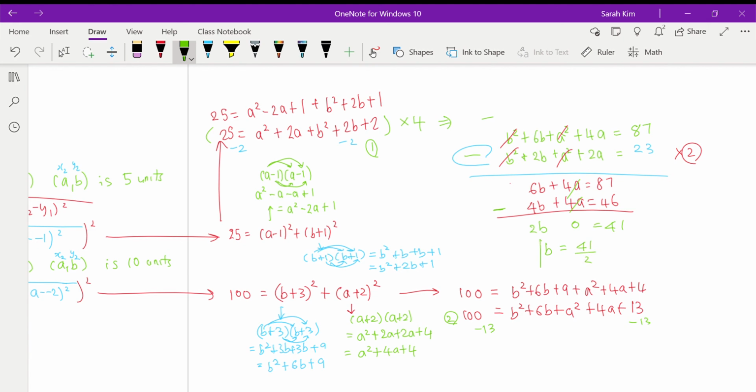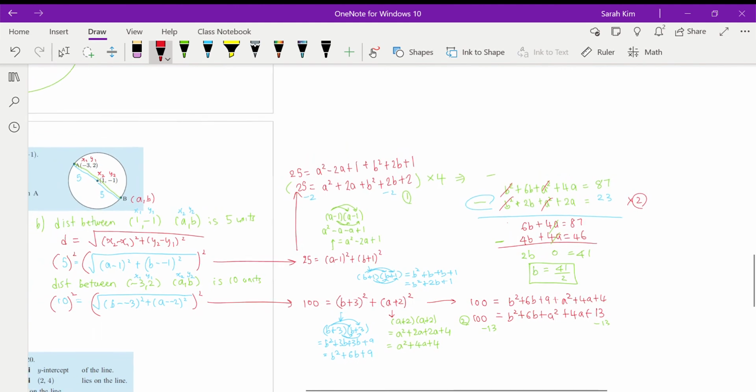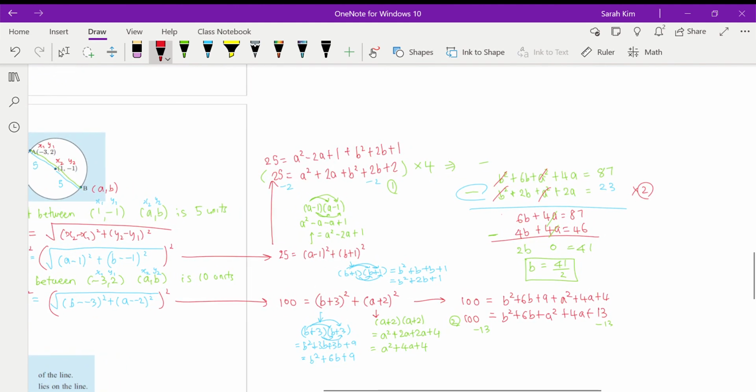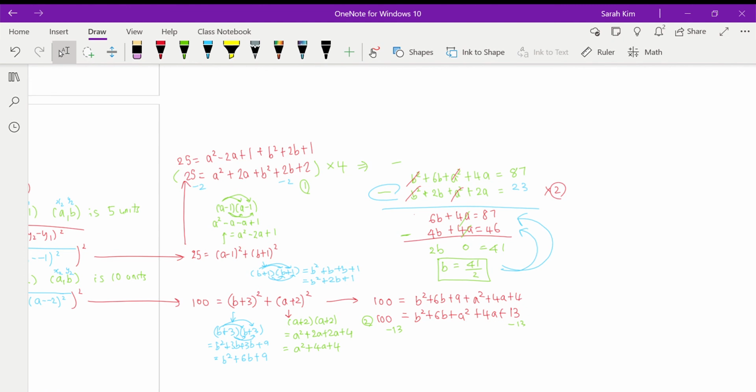Right, I've got one of my answers. I just got to figure out a. Alrighty, so for a, I need to figure out an equation that has an a. So basically I need to put this either into that one or that one. Alright, I'm just going to go with the top one. So 6 times 41 over 2 plus 4a equals 87.